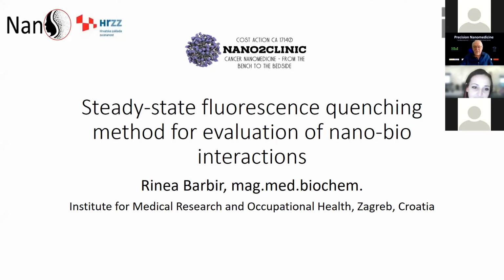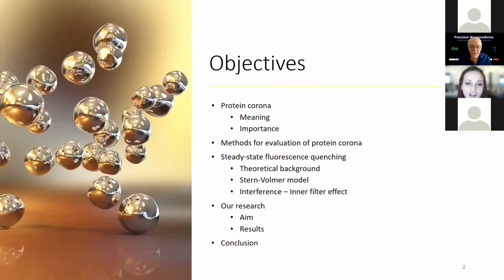So today I'm going to try very shortly to represent to you the steady state fluorescent quenching method for evaluation of nano-bio interactions. I'm going to talk to you about the meaning and importance of protein corona. Then very shortly, I'm going to present the methods that are used for evaluation of protein corona.